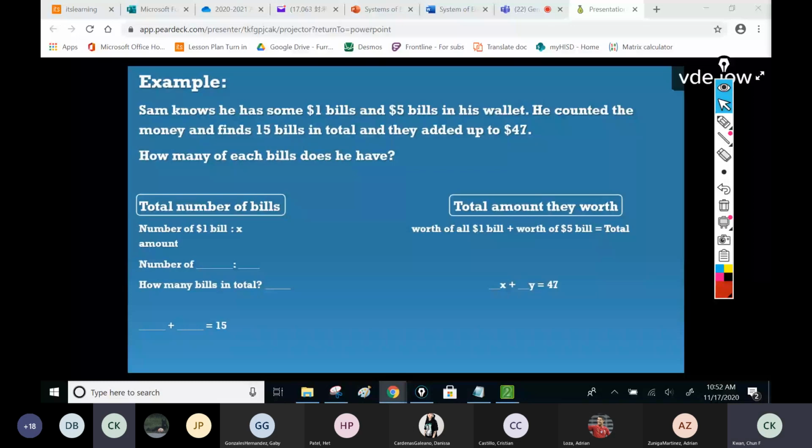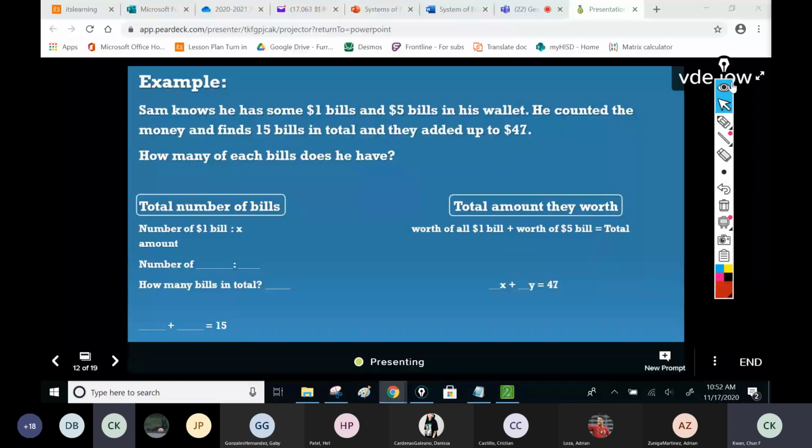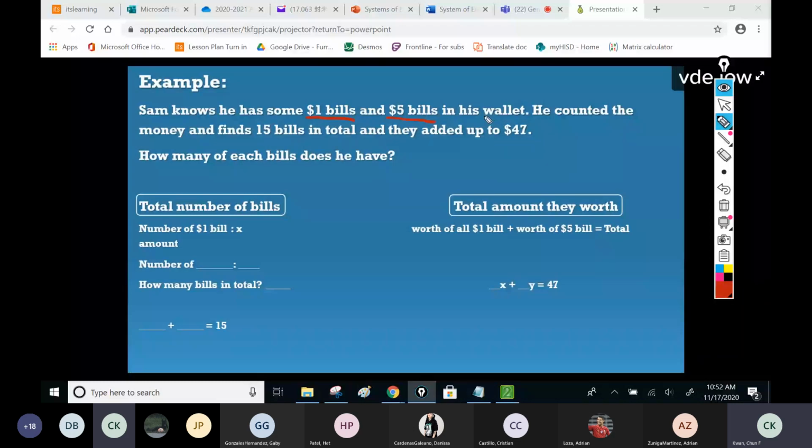All right, so let's look at this problem right here. Sam knows he has some $1 bills and some $5 bills in his wallet.